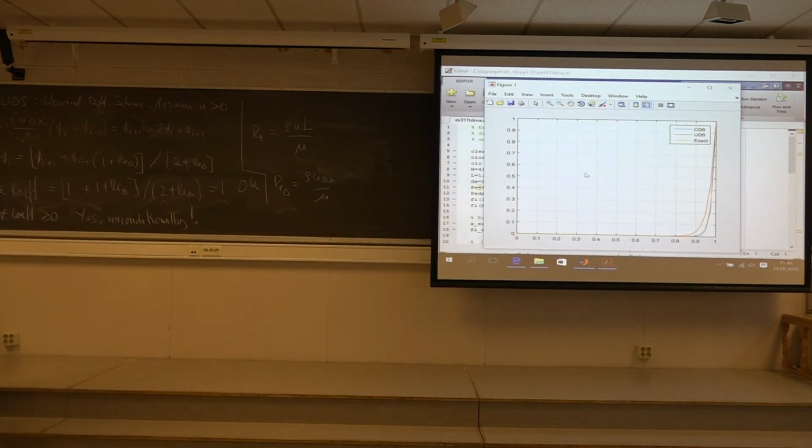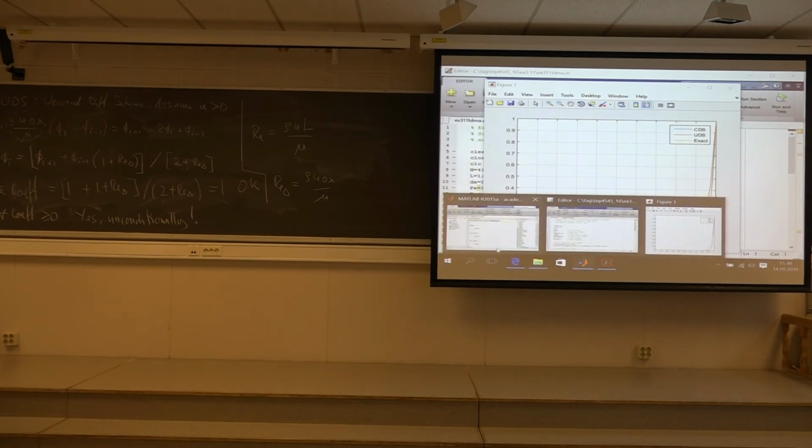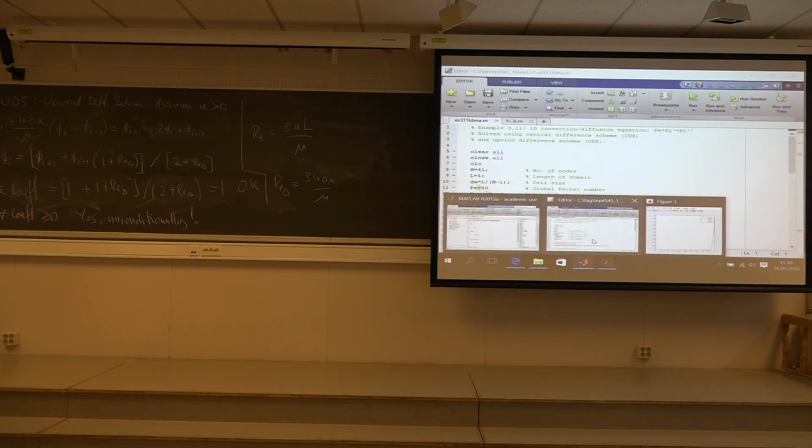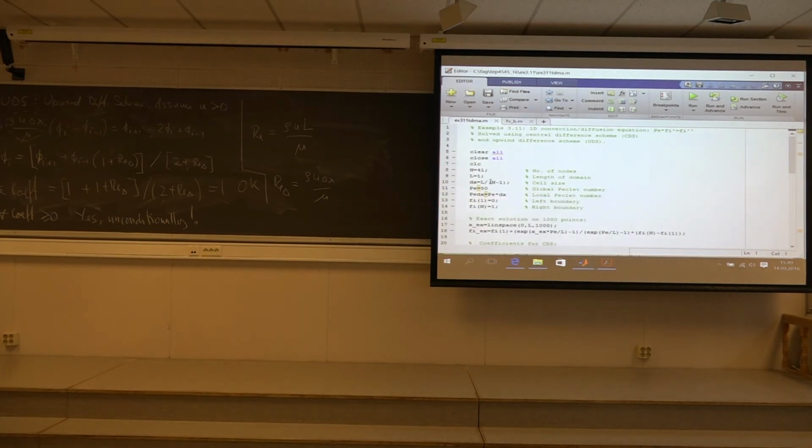Now if you look at the numbers for the local cell Reynolds number, the global was 50, the local cell Reynolds number is 1.25. The stability criterion was 2. So now let's see what happens if we use fewer cells.